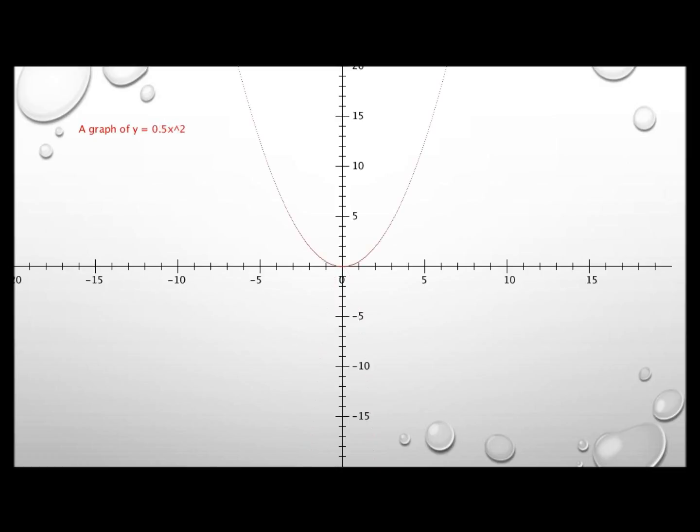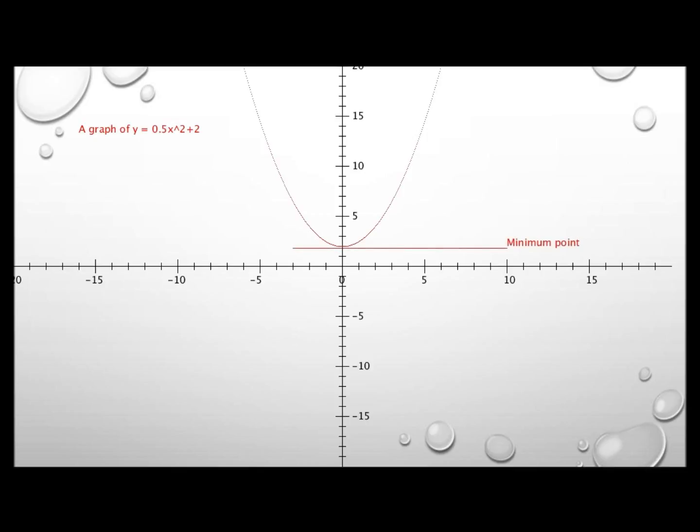If the x squared coefficient is smaller than 1 or bigger than negative 1, then the slope of the curve is shallower. If there is a purely numerical component to the quadratic equation, then that dictates the y-intercept.